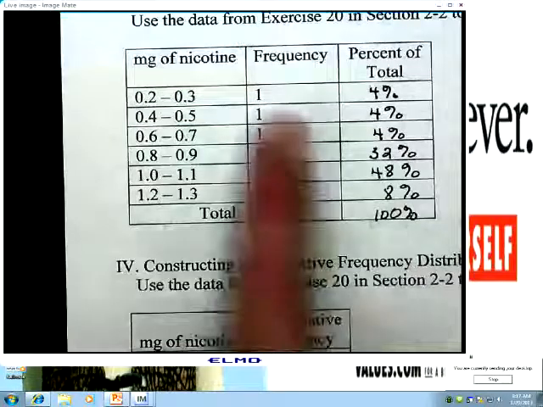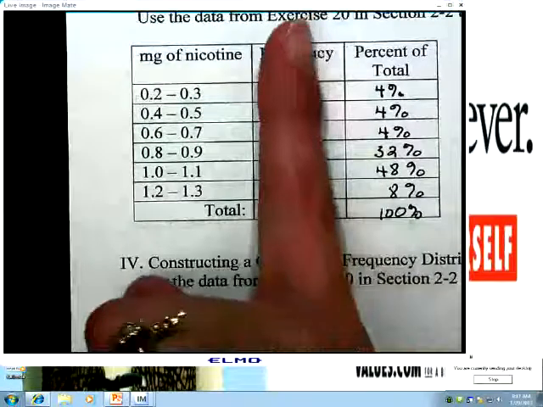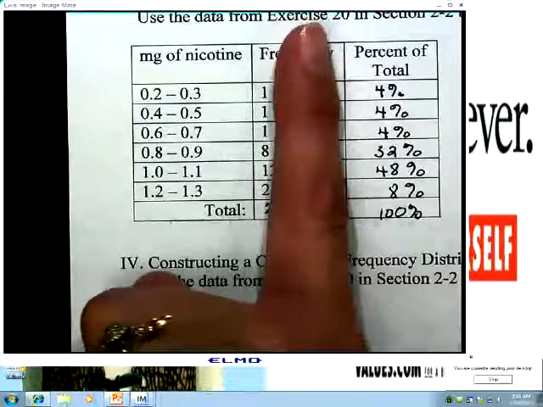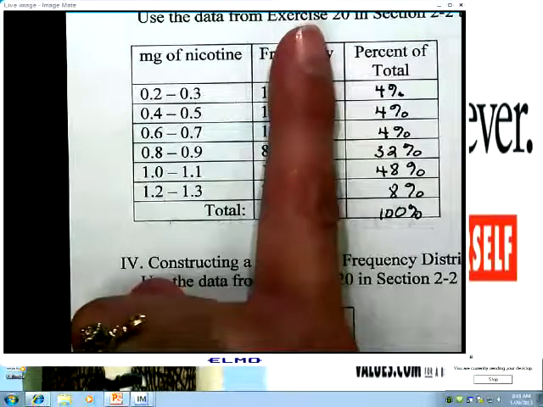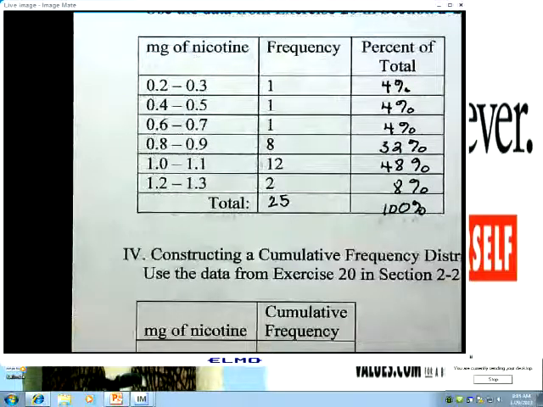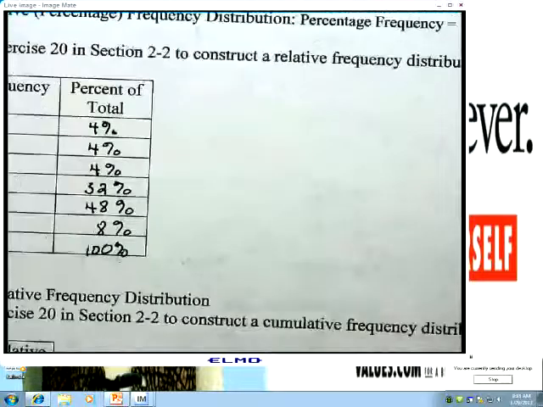So without that middle column, which I only copied so I didn't have to flip over and look at the other side of the paper, that is a frequency table, a relative frequency table. And we could make a relative frequency histogram. I don't think we will, just to save time.